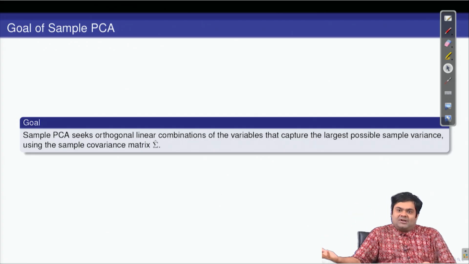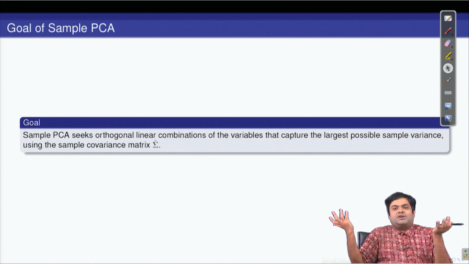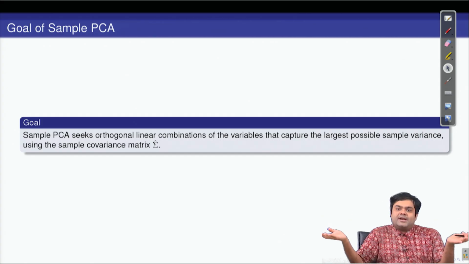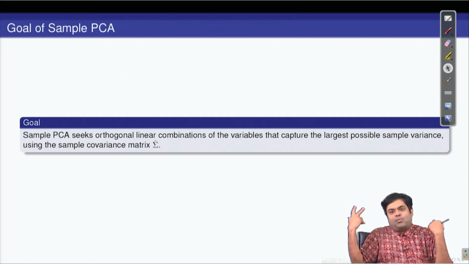This is also a symmetric positive definite matrix, so you can diagonalize it and order the eigenvalues in decreasing order, all the eigenvalues will be non-negative, and you can look for the corresponding unit eigenvectors, which give you the directions of the sample principal components.